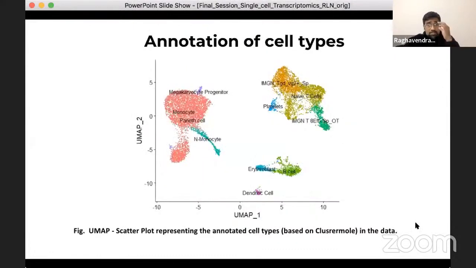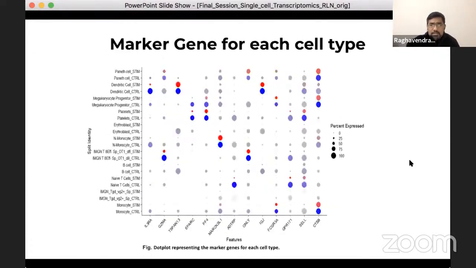After annotating these cluster types, the annotation can be transferred onto the clusters that we have generated in the UMAP or t-SNE dimensionality reduction, and they can be visualized to give us segregation based on the gene expression distribution.